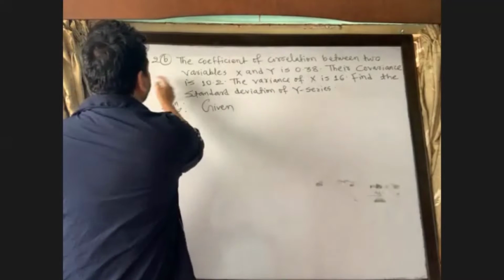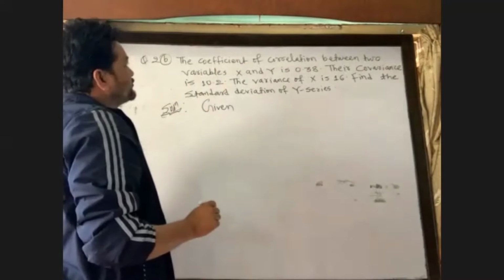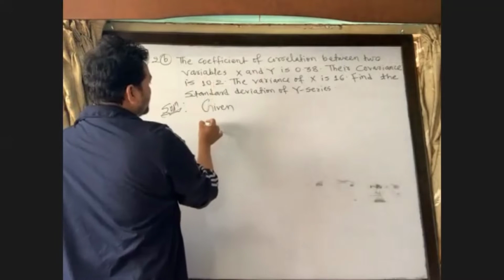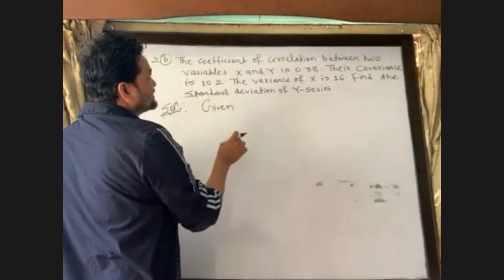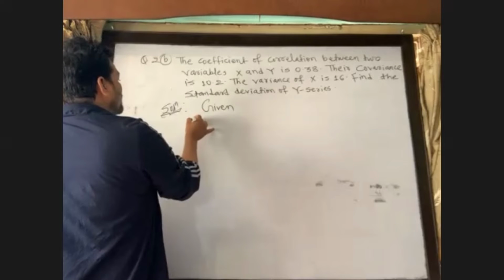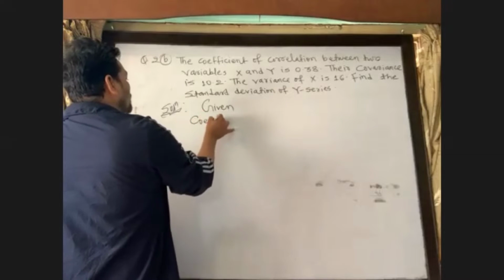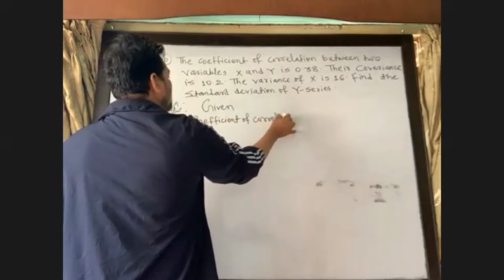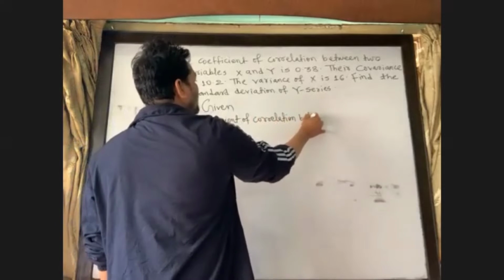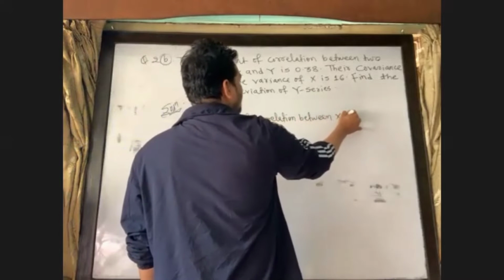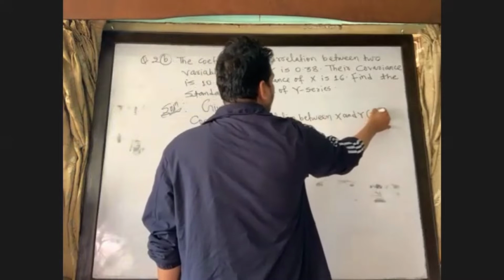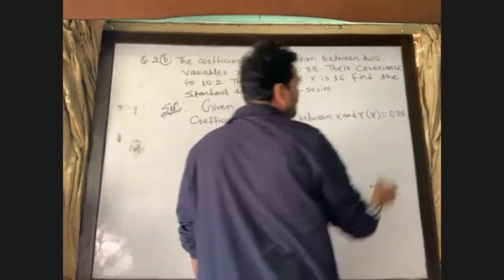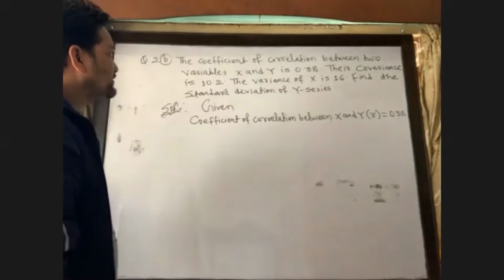Now in question number 2B, the coefficient of correlation between two variables x and y is 0.38. That is r. So coefficient of correlation r is given here as 0.38.